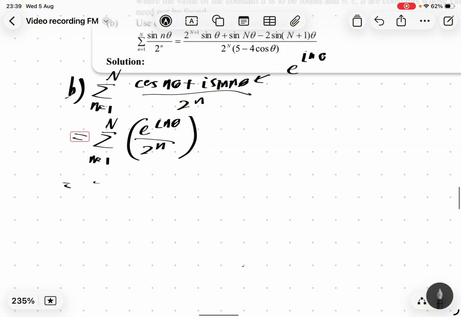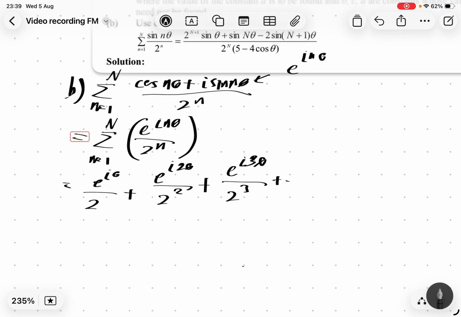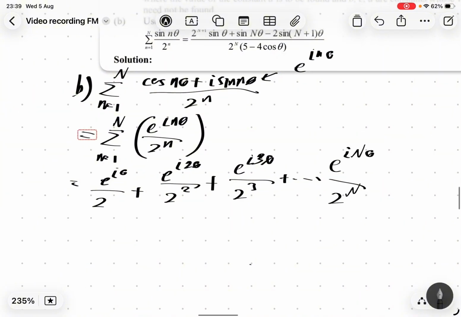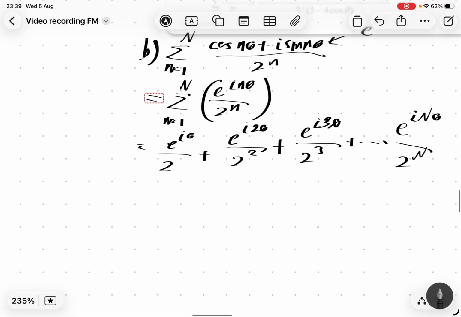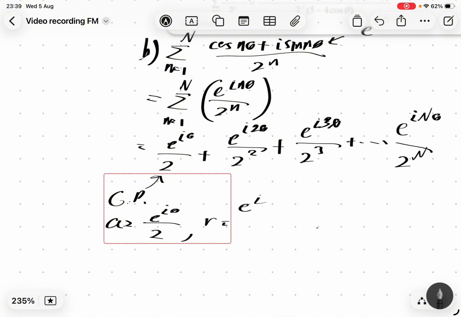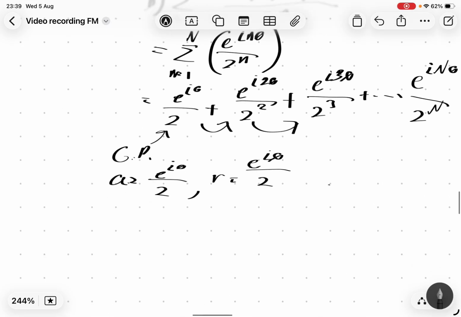So n equals 1, so it's e^(i theta) over 2, e^(i 2 theta) over 2 power 2, e^(i 3 theta) over 2 power 3, plus and so on, e^(i n theta) over 2 power n. Okay, you understand, right? So this is a geometric progression. Its a is e^(i theta) over 2, and its r is also e^(i theta) over 2, because you can see that each time you multiply by the same e^(i theta) over 2.